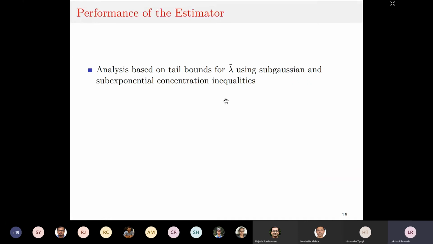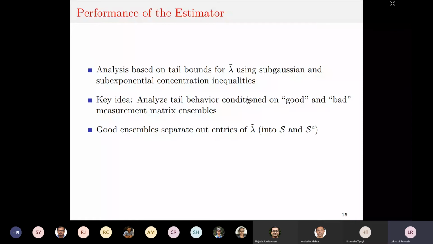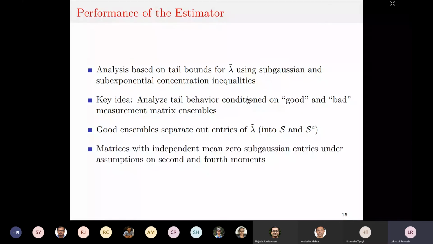There you'll use properties of the phi matrix, and for good phi matrices for which you can bound that error probability, you can show that it's small. Good phi matrices are those which are able to separate out the entries of lambda tilde into S and S complement. Any matrix with mean zero sub-Gaussian entries with some assumptions on the second and fourth moments can do this.